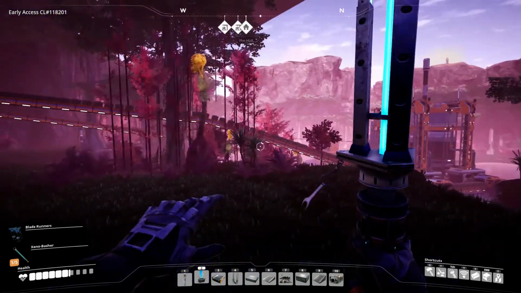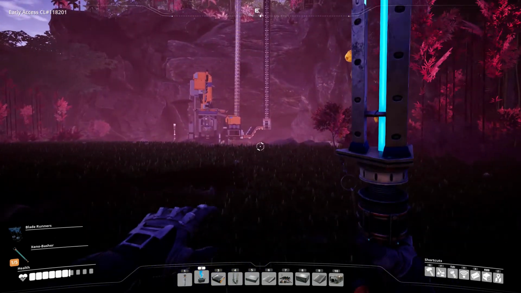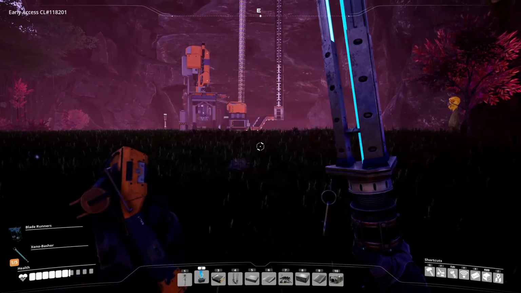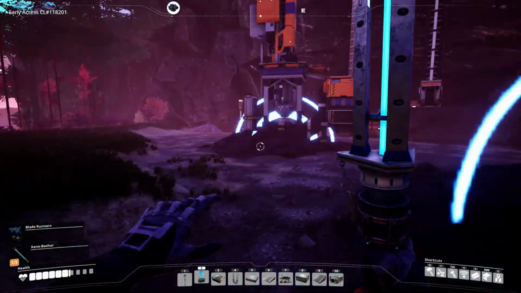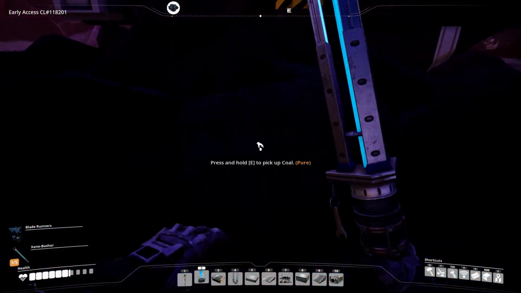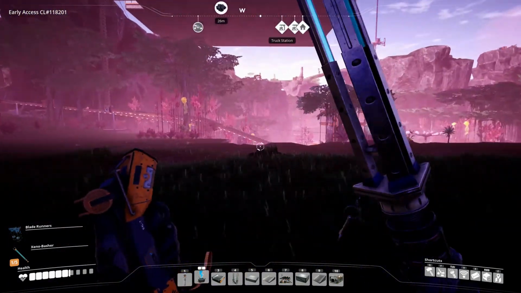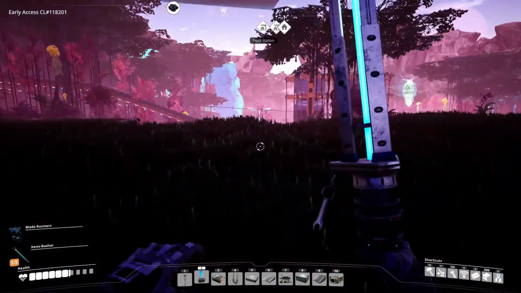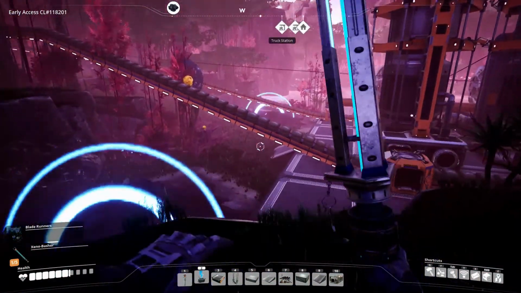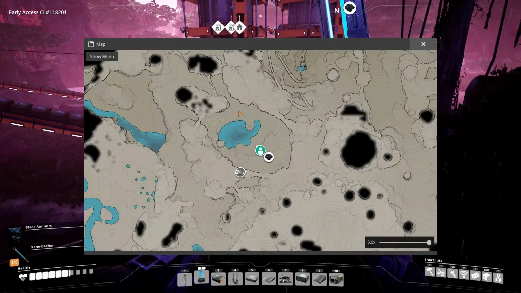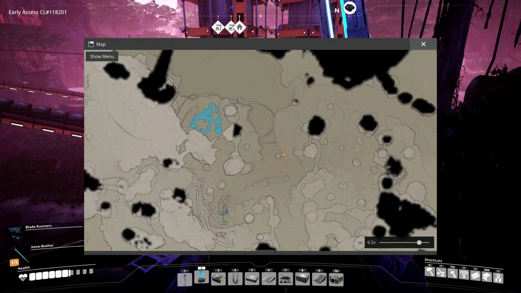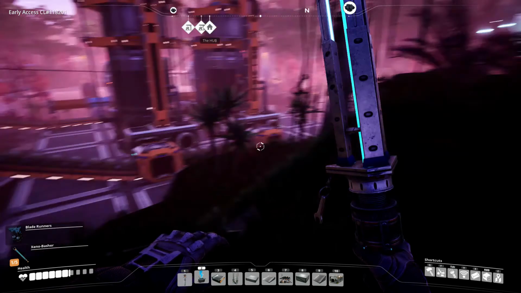And the coal is here. Some nodes are there, some nodes are here. It's like pure. Oh. Yeah, two are here. And the oil is somewhere here. I think this plateau, yeah. There's a normal, impure oil.